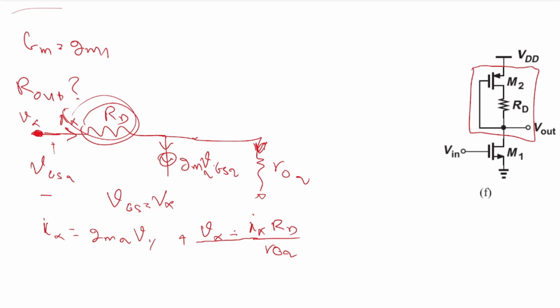To save time, it becomes Ix times 1 plus RD over RO2 equal to Vx times GM2 plus 1 over RO2.